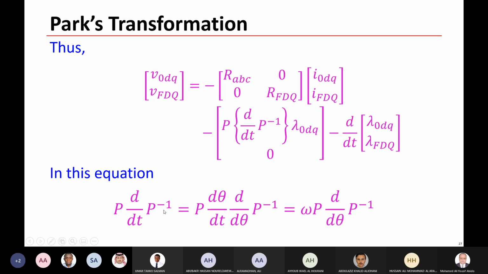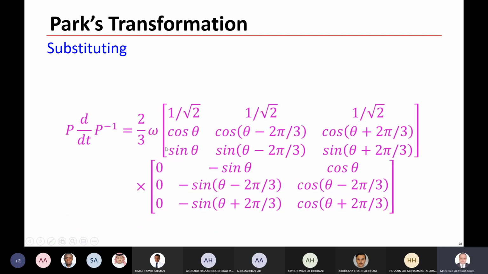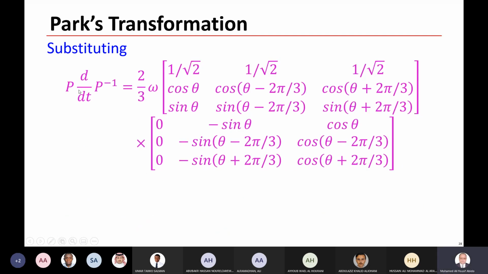Of course, d by dt of B inverse: B is a function of theta, so you get the derivative d theta by dt times d by d theta of B inverse. d theta by dt is omega, the speed, and you can have this simplification.